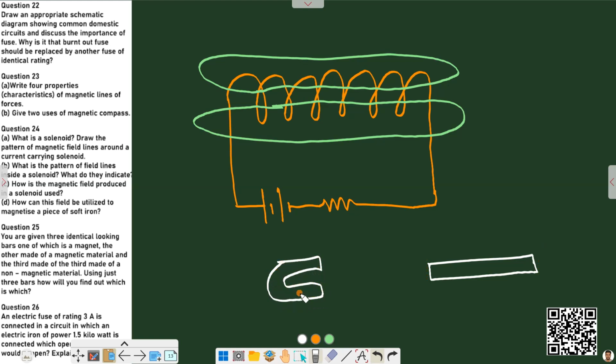We just bend the iron into this shape and place it inside a solenoid. After some time, when we bring this shape out, we will find that it started behaving like a magnet. So that's how you can use a solenoid to make permanent magnets of soft iron, and that's how actual magnets are made.